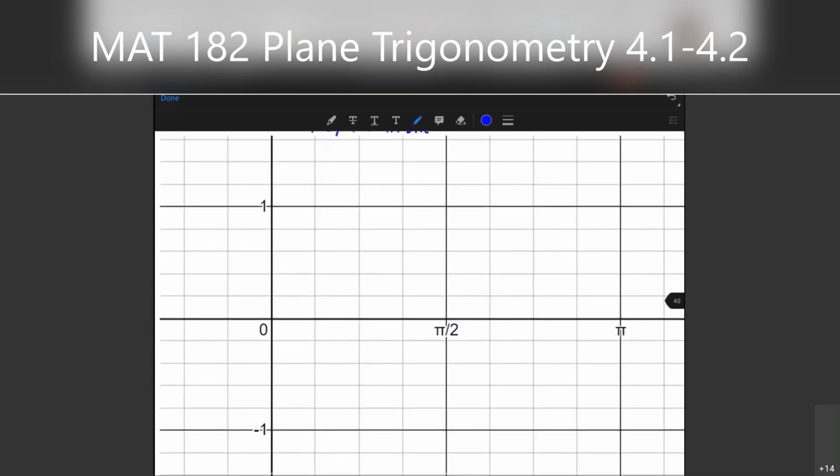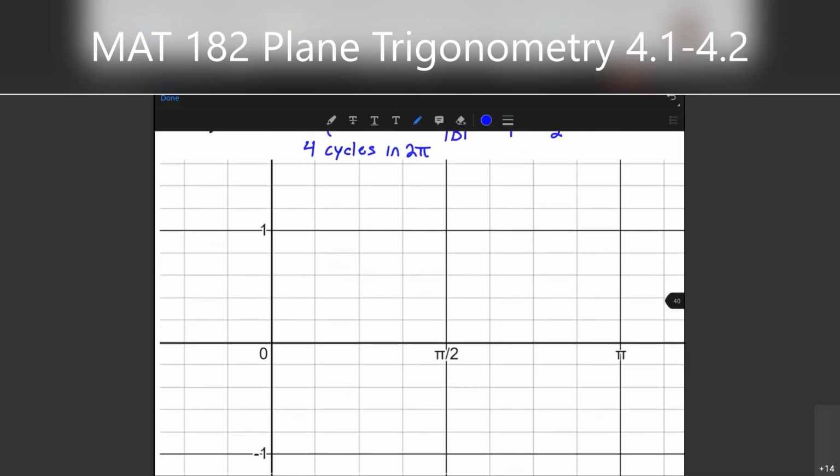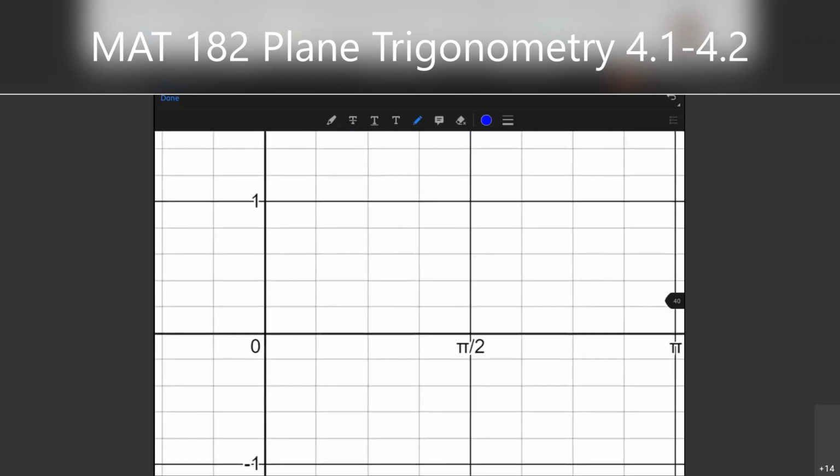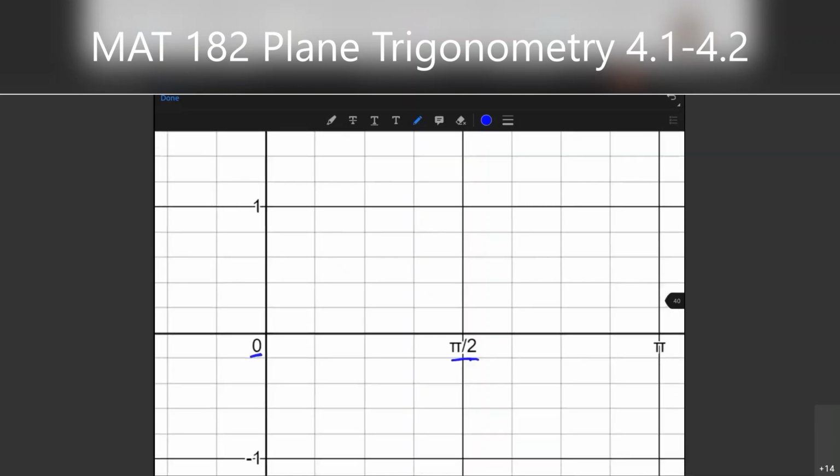So if I think about pi halves being a full cycle of sine, zoom in here to the interval from 0 to pi over 2. I want to do a full cycle of sine in this interval. We know from our previous problem that the sine function starts at the midline, and we always want to start our sine function at the midline.